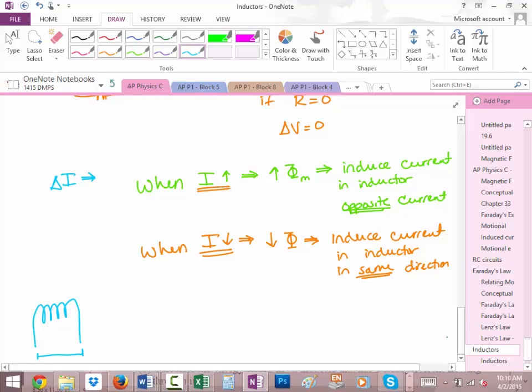There's no loop. So if there's no loop, there's no area, so there's no flux. Well, if you have a circuit, technically you consider that a loop. But the magnetic field isn't going through the loop. You have to have that area.